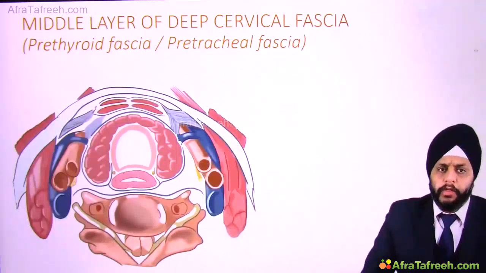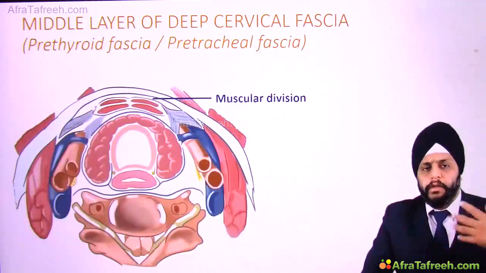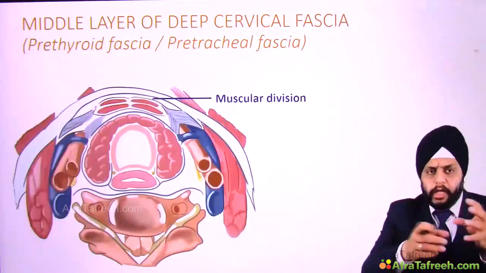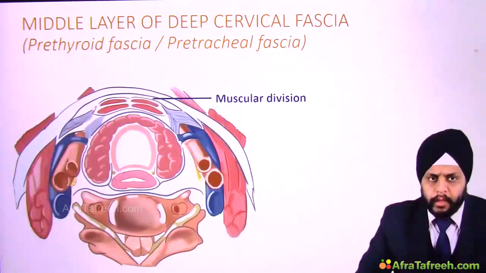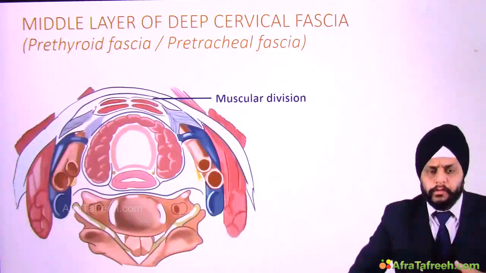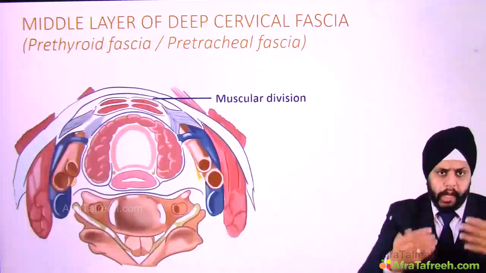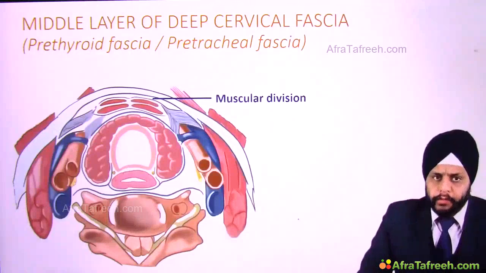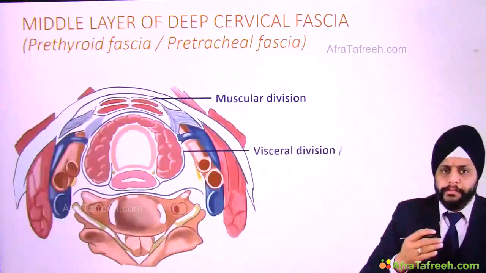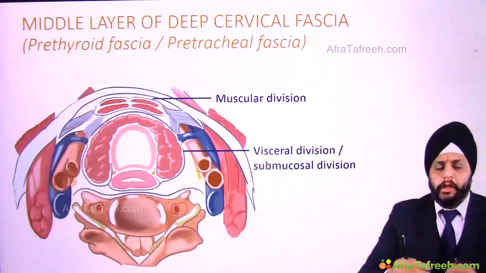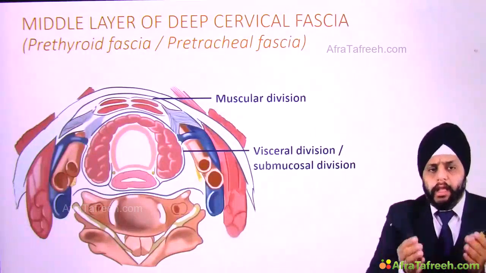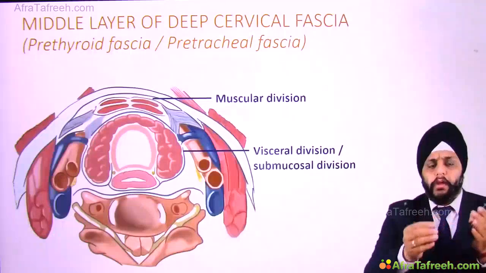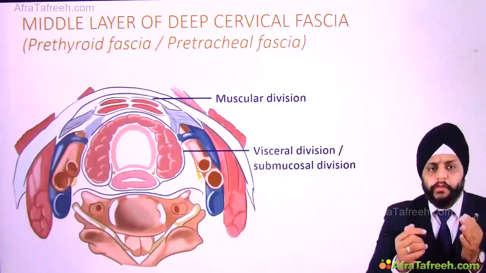The first one is the muscular division, the anterior one, that surrounds the strap muscles, sternothyroid and sternohyoid. And then we have the visceral division that surrounds the thyroid, the trachea, as well as the esophagus.